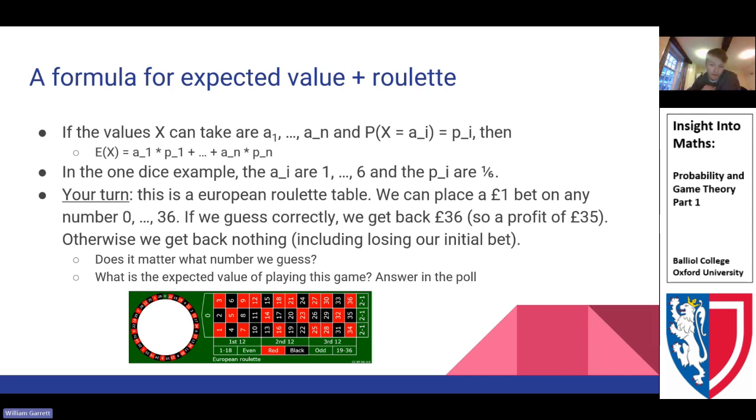Then the operator spins the wheel and the ball spins around and around and lands. If you guessed correctly, you get back your £1 plus an extra 35. If you guess incorrectly, you get 0 back.